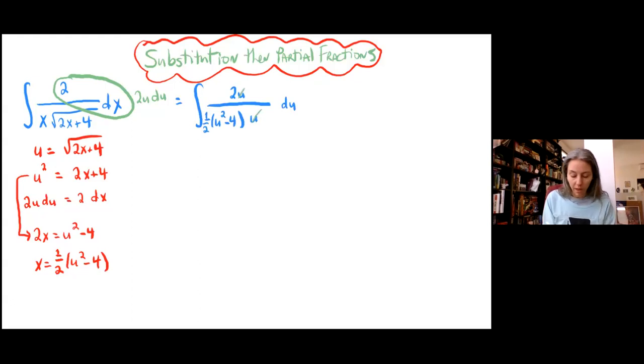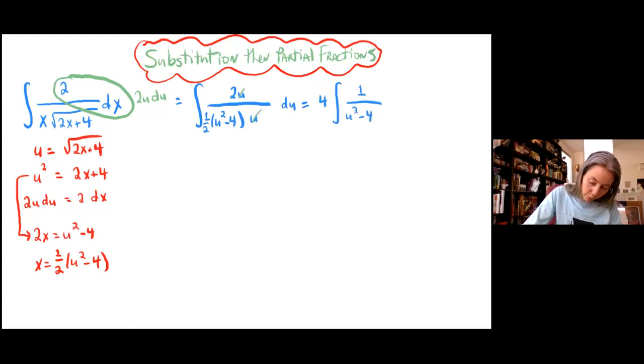And what I end up with is a 4 times the integral of 1 over u squared minus 4 du. So remember, division by 1/2 is the same thing as multiplication by the reciprocal, so multiplication by 2.